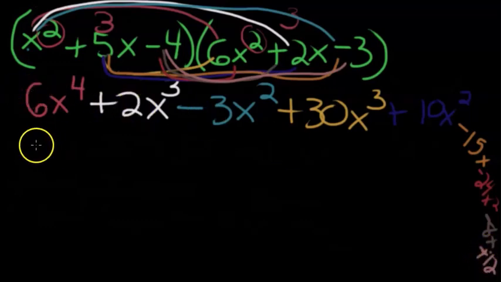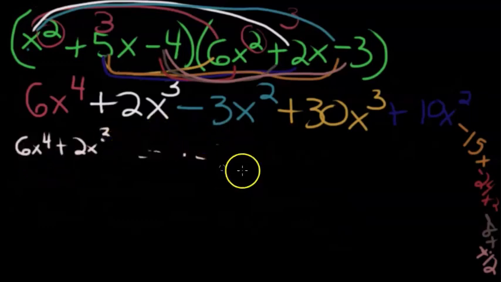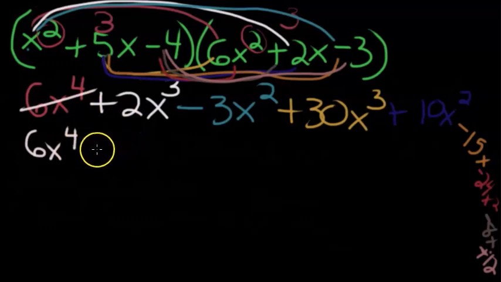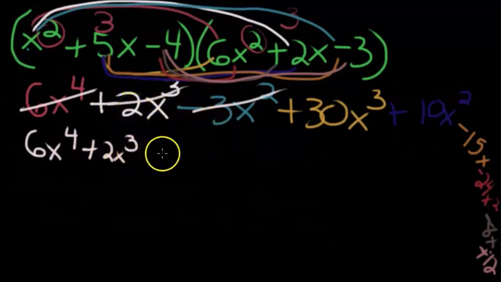Okay, so let's get this written out legibly. Now that we have all the numbers, we're going to reorder them as we write them. So let's do 6x to the 4th. Then we won't have any more 4s. So we have plus 2x cubed, plus 30x cubed.